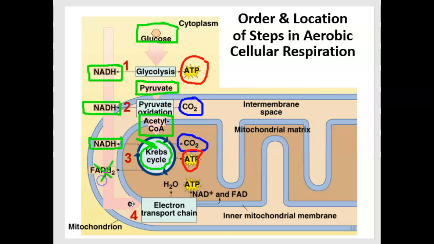FADH is similar, but we usually ignore it. So NADH is going to carry the electrons to the electron transport chain. And so that, I guess, would be our starting organic material. And ADP would be too, but then NAD plus is our product because the hydrogen and the electron is going to be dropped off.